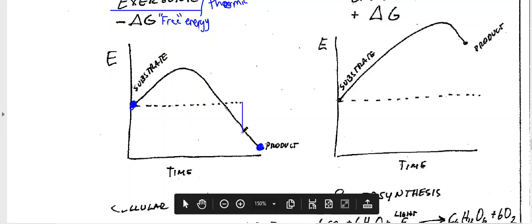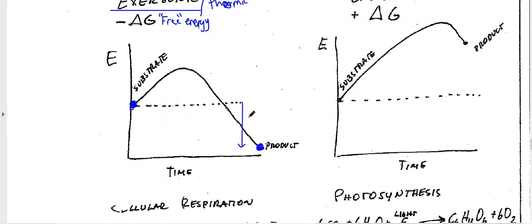All of this energy has been lost. It's somewhere else, it's not with the products anymore, so it went somewhere. So this is called a negative change in free energy, a negative delta G. We have lost free energy.